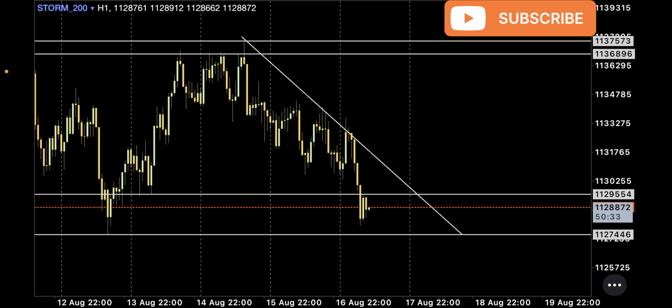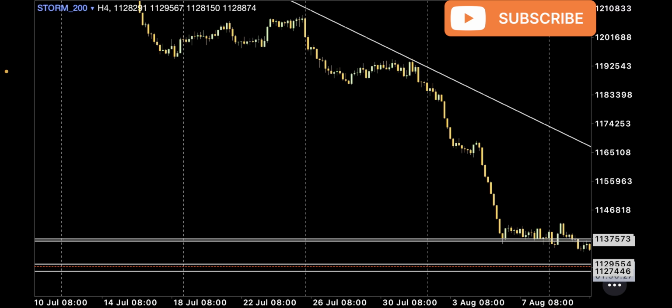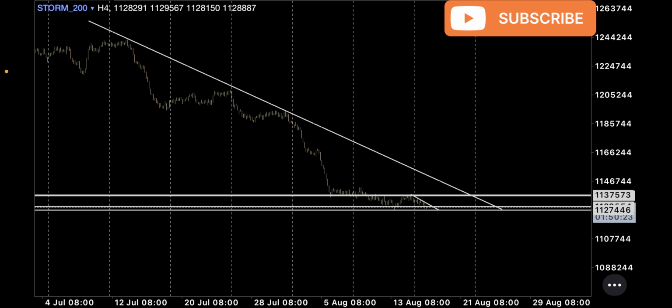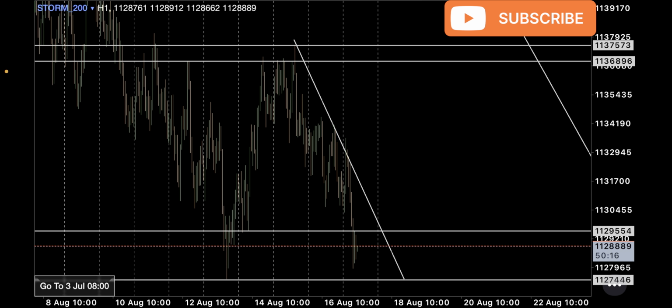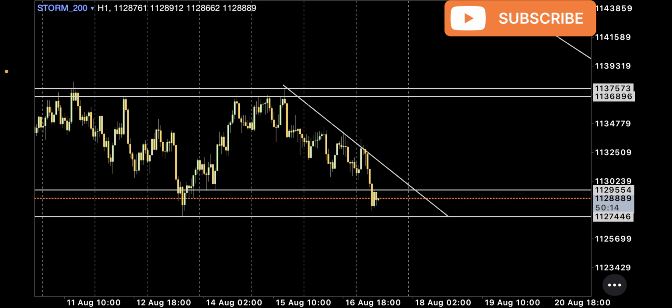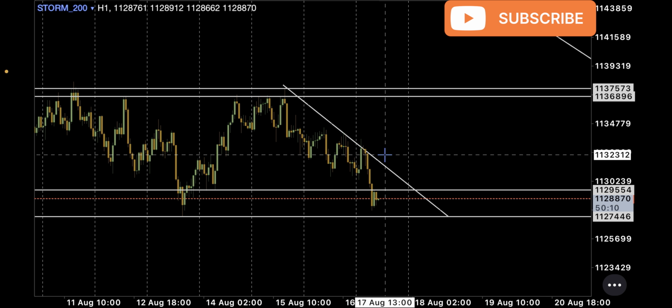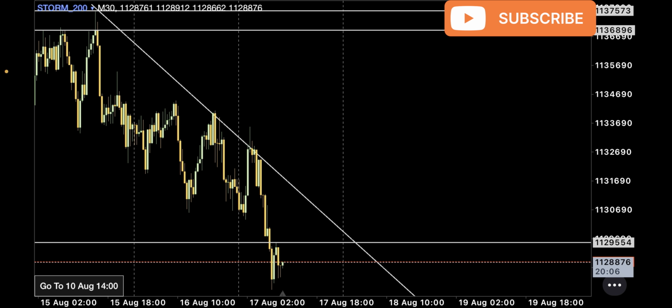So basically, first of all, go to the higher time frame, the 4 hour, and look for direction or the whole trend. After you've done that, mark your zones, your support and resistance within your trend lines. Come to the 1 hour. If there are trends within the trend, mark them, like this current trend I just marked, and go to the 30 minutes.